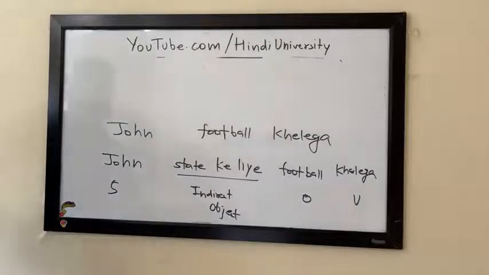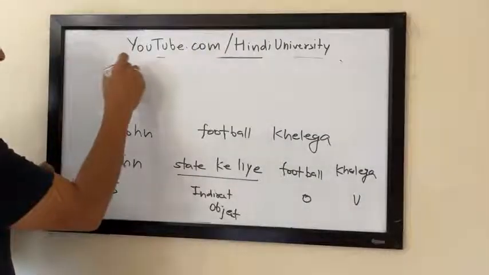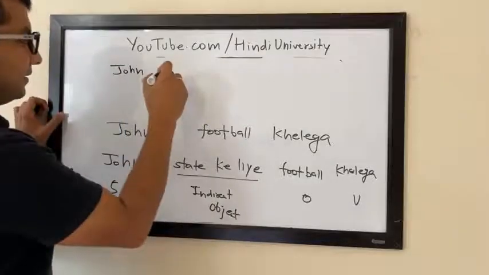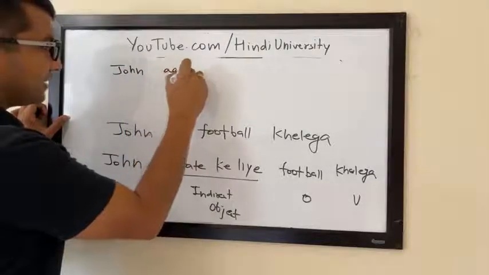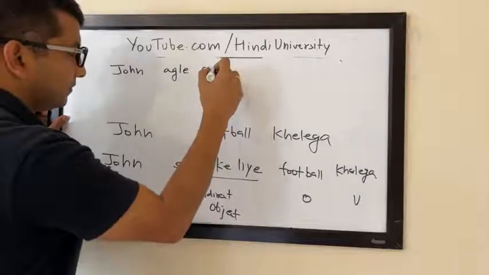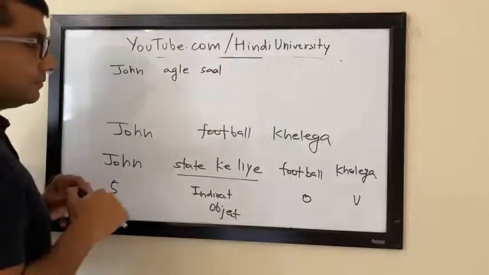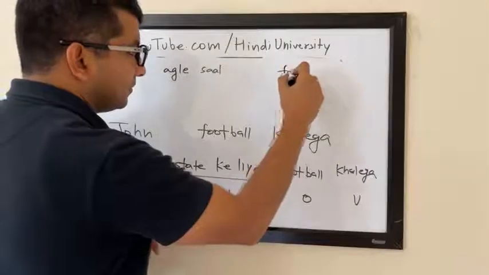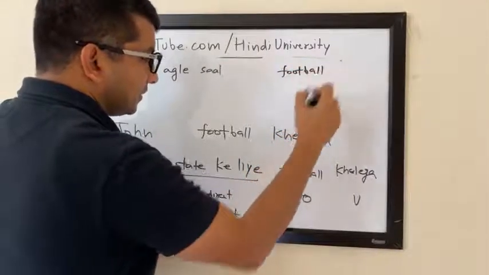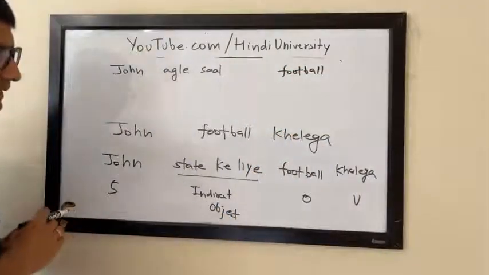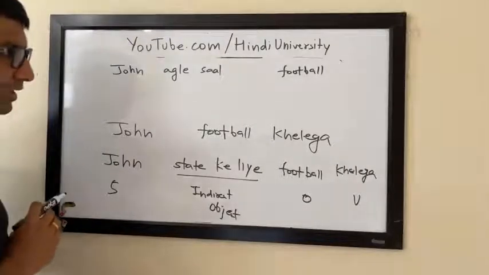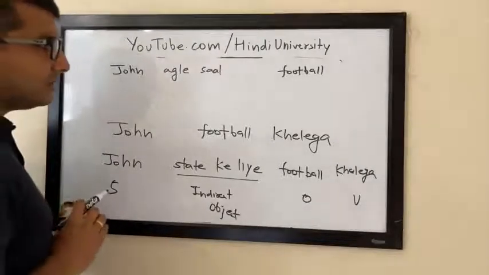John कल साल, next year. अगले साल. Very good. John, अगले साल, फुटबॉल खेल रहे हैं. No, so basically it's future indefinite, right? So try the same one. He will play. John, अगले साल.